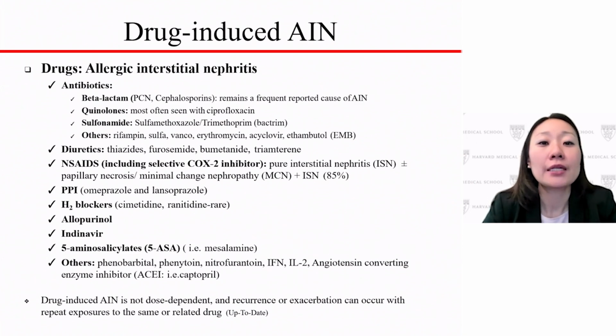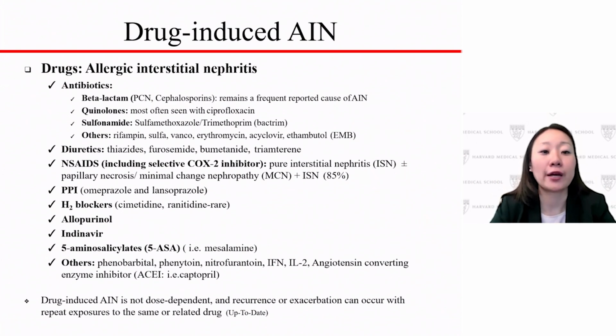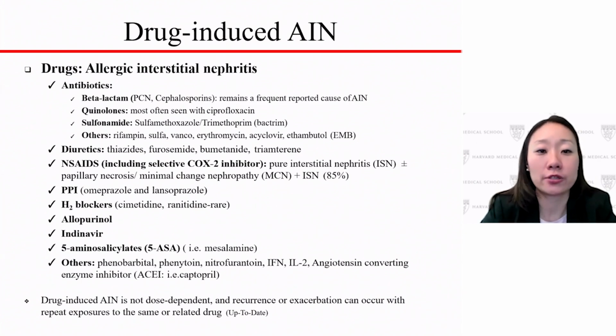So this slide highlights the different classes of drugs that can cause interstitial nephritis. Most commonly, antibiotics can cause interstitial nephritis, and some of the different classes amongst the antibiotics include beta-lactams, quinolones, sulfonamides, and other antibiotic classes.